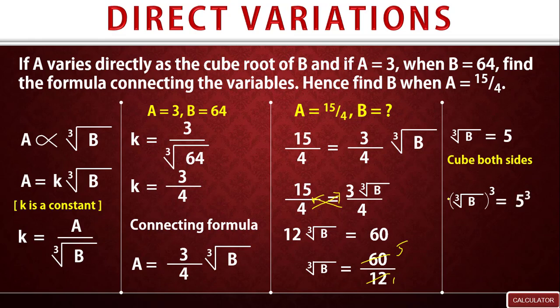This cube will cancel out the cube root here, and what we have left at the left hand side will be b, and on the right hand side we have 5 raised to power 3, which is 5 times 5 times 5, and that will give us 125 as we have it here. So our answer for b is 125.